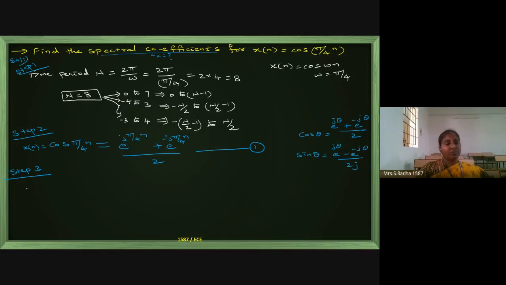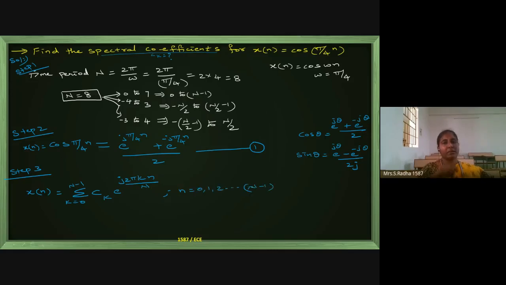So the frequency domain to time domain conversion: x of n is nothing but summation Ck e power plus j 2 pi kn divided by capital N, where the summation limits are k equal to 0 to N minus 1, and small n equal to 0, 1, 2, 3, and so on up to N minus 1.